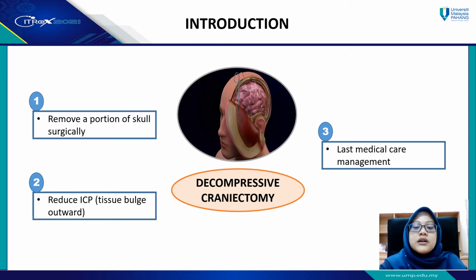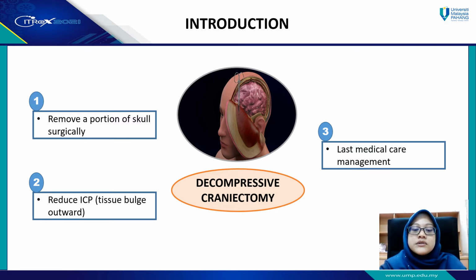A decompressive craniectomy is a procedure that involves a significant portion of the skull being removed surgically. This procedure allows the swollen tissue to bulge outwards from the skull, and it is usually treated as the last care management in stroke treatment.